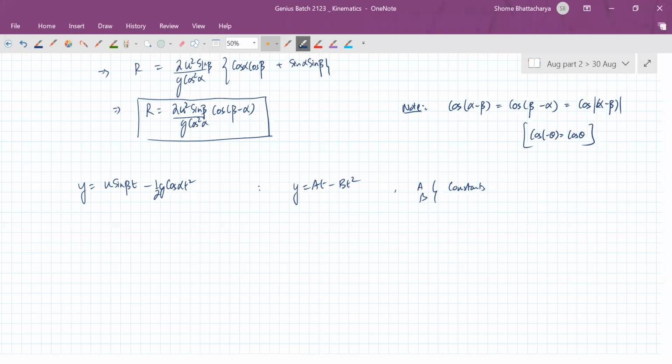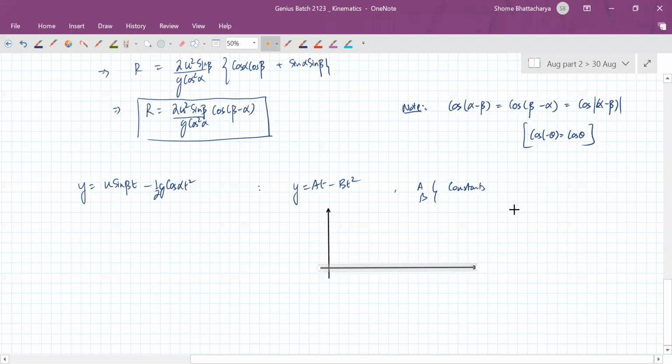If you just visualize the y coordinate as a function of time, you can understand that it has that behavior. The y coordinate is nothing but the distance from the inclined plane. So as a function of time, it's doing that same thing like earlier. Only the value of b is different compared to the standard projectile motion, but otherwise the behavior is the same.